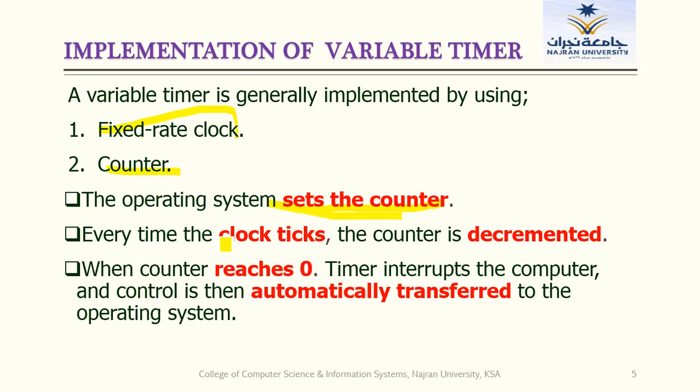When the clock ticks, the counter will be decremented. When the counter reaches 0, the timer will interrupt the computer and control will be automatically given back to the operating system. So this is a 3-step procedure for how we can implement the variable timer in our system.